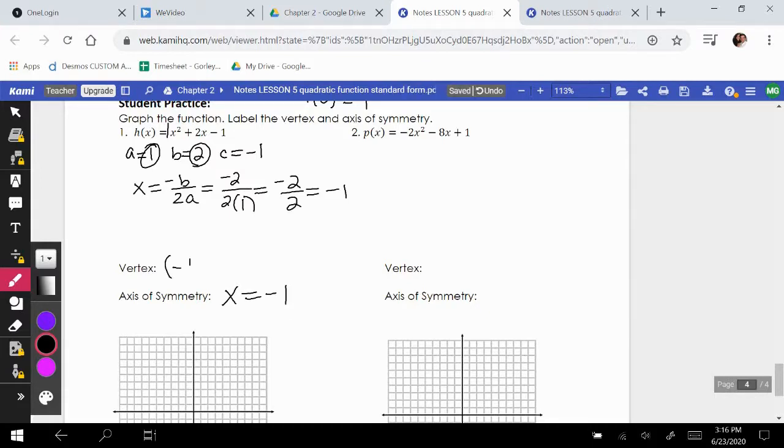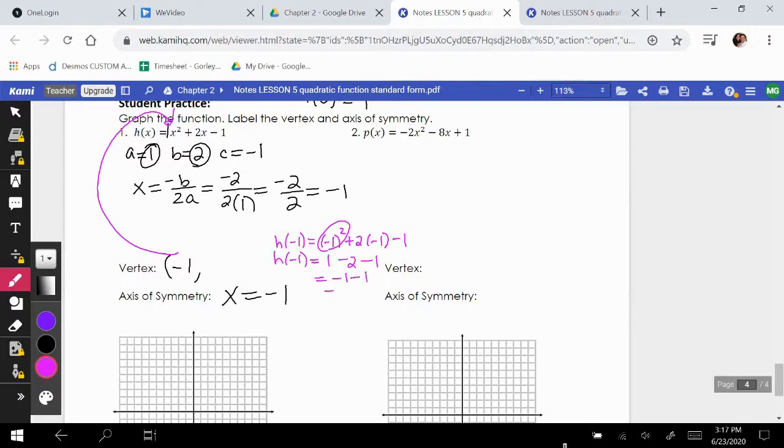Remember, the vertex is going to share that same x value since it's on the axis of symmetry. And I'm just plugging in -1 up here into my function in order to get the y output. h of -1 is going to be (-1) squared plus 2 times -1 minus 1. So it's going to be 1 minus 2 minus 1, or what would that be?